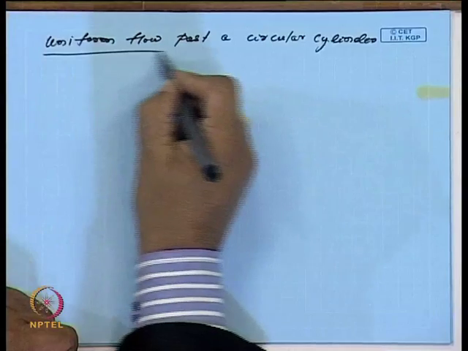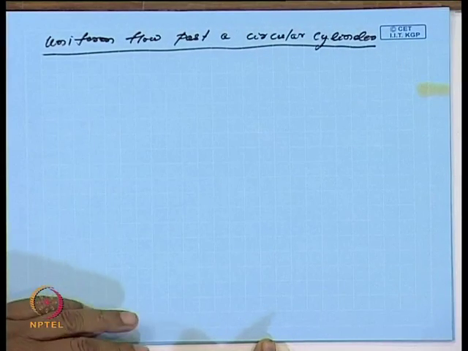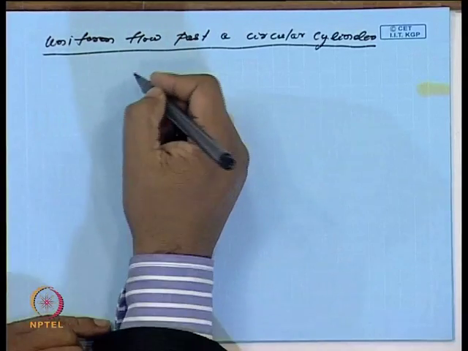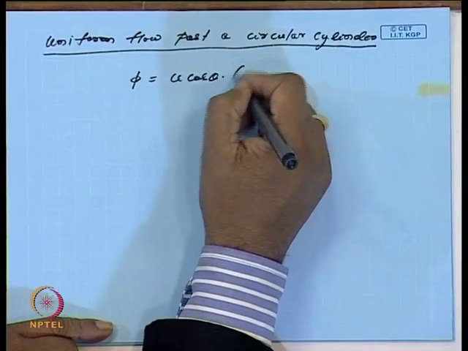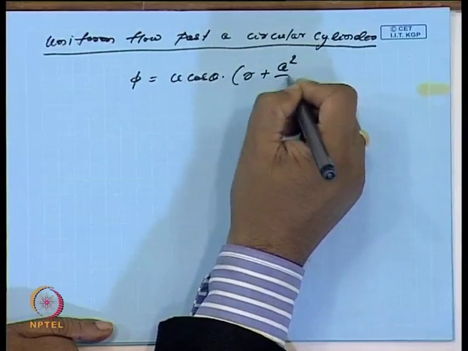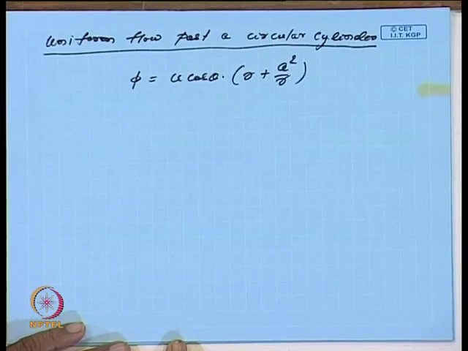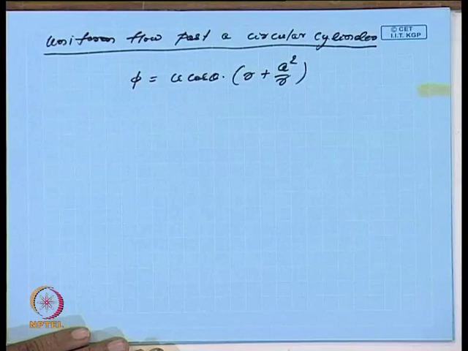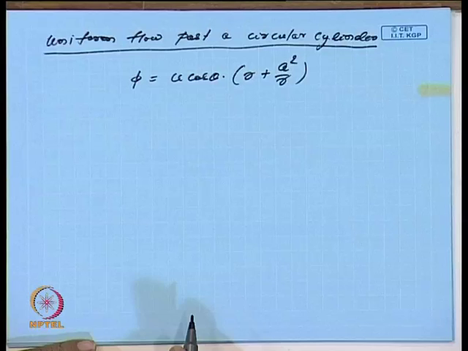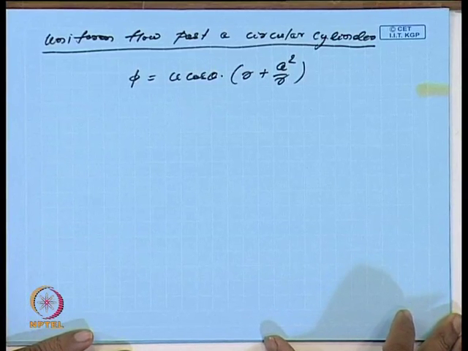This is one of the very interesting problems, which many times plays a very important role. Suppose I consider the velocity potential phi equal to u cos theta times r plus a squared by r. Now, suppose we have not been given the stream function; if we have this phi, then we have to find the stream function, and to find it we go to the Cauchy-Riemann equations, particularly in cylindrical polar coordinates.